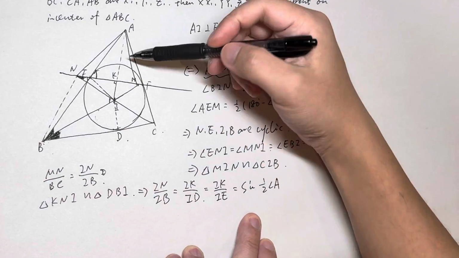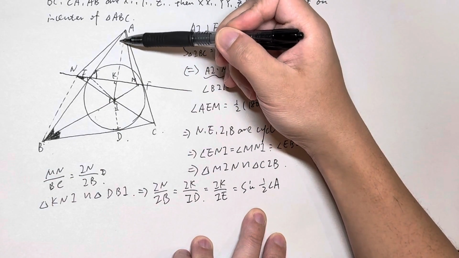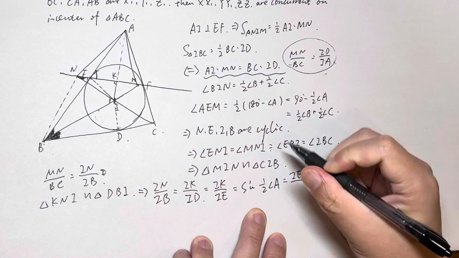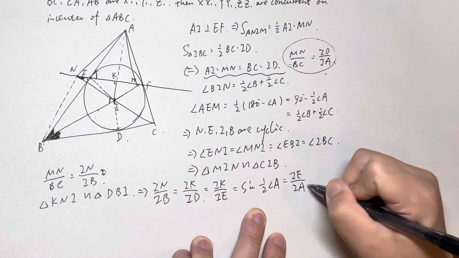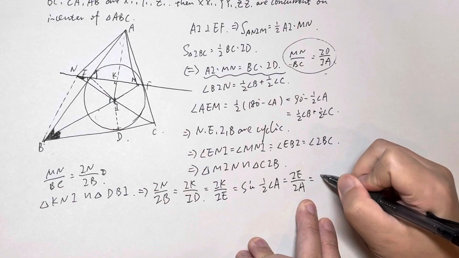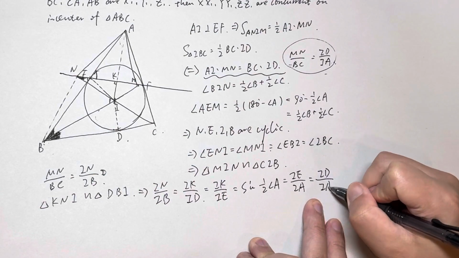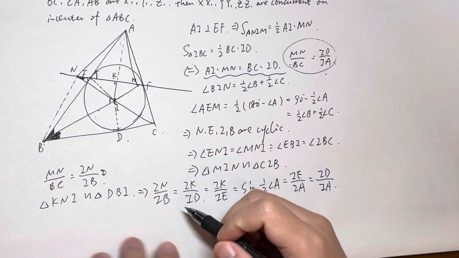So sine half of angle A equals IE to IA. And because IE equals ID, it equals ID to IA. See?